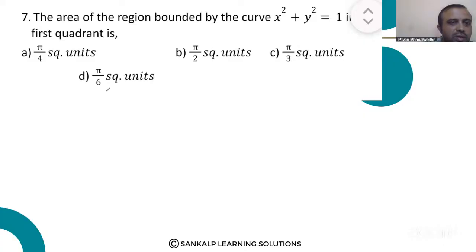That is, the area of the region bounded by the curve x square plus y square equals 1 in the first quadrant, what is the answer? The options are pi by 4, pi by 2, pi by 3, and pi by 6 square units.